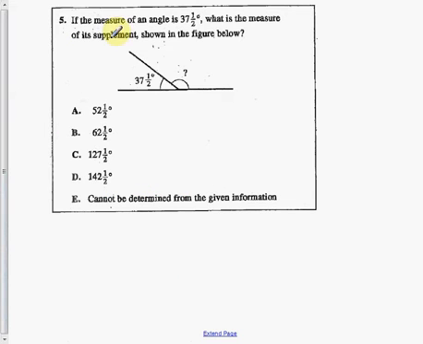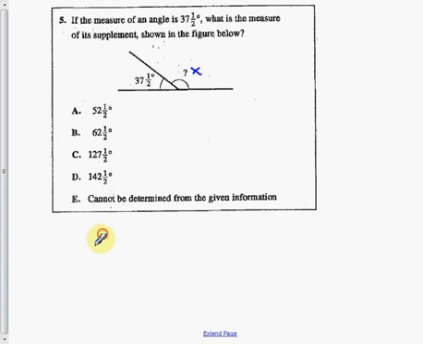All righty. If the measure of an angle is 37.5 degrees, what's the measure of its supplement shown in the figure below? Well, the supplementary angle, that result must equal 180. That's the key that is not given, but we know from geometry. So let's call this x.